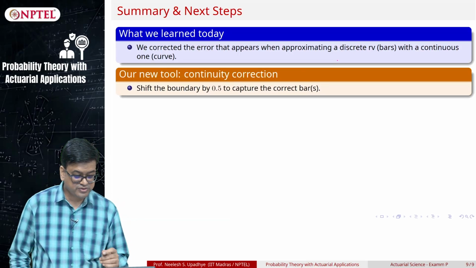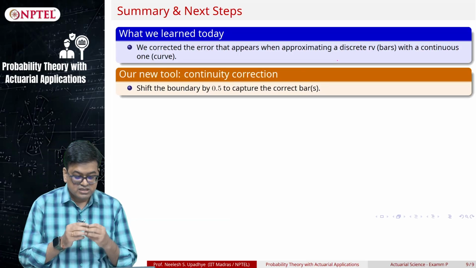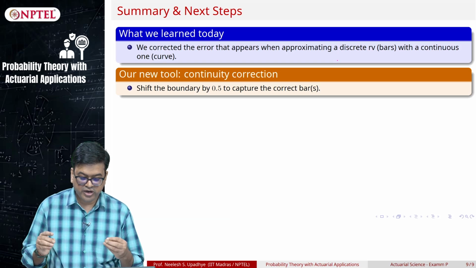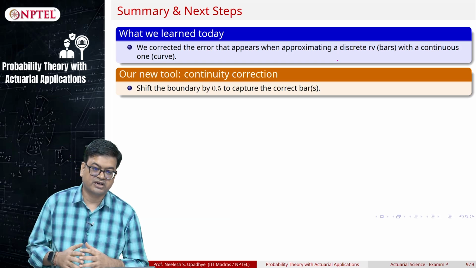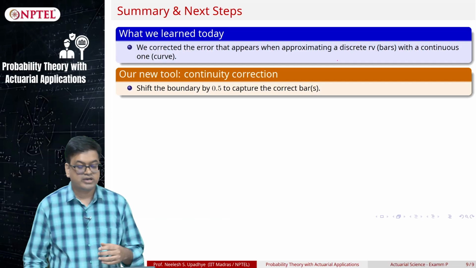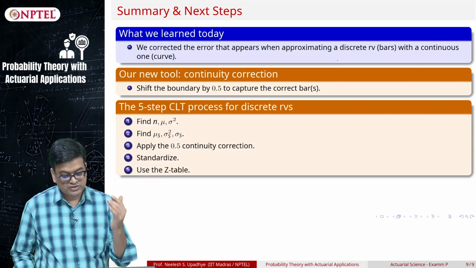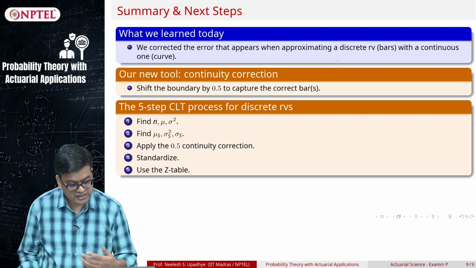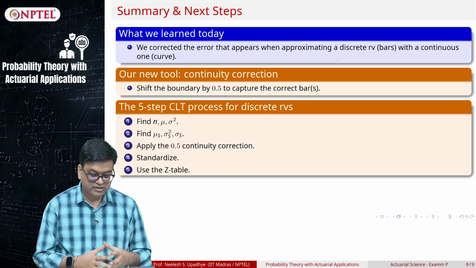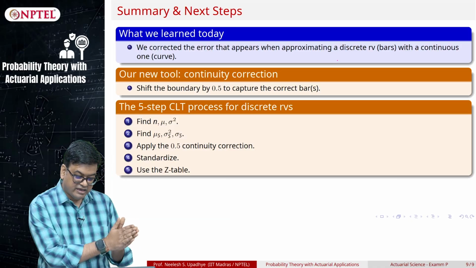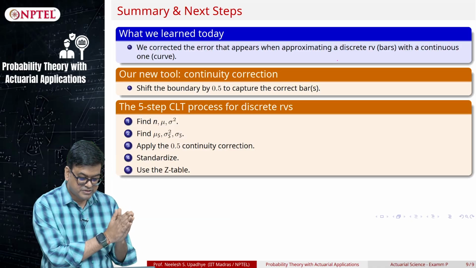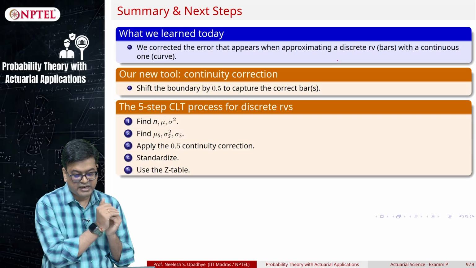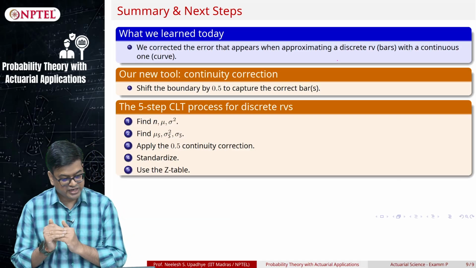You have introduced a new tool, which is shifting the boundary by 0.5 to capture the correct bars. You have included the continuity correction step in your CLT drill, and the third step that is applied is the 0.5 continuity correction.